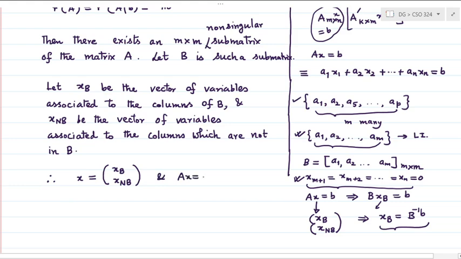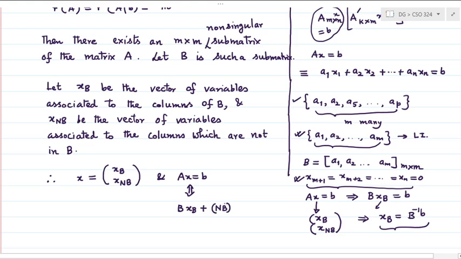And Ax equal to b is equivalent to B xB plus, let's suppose, the matrix of the column vectors which are not in B, we denote it by Nb, say. Fine.